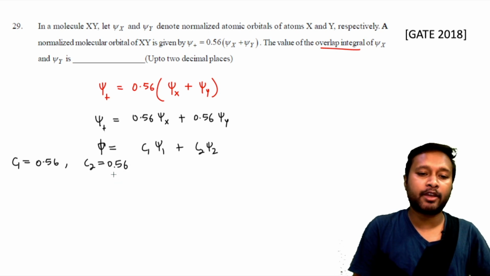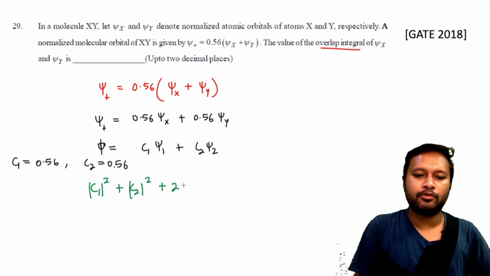The formula to calculate the overlap integral is c1 square plus c2 square plus 2 c1 c2 S, and it is equal to 1.